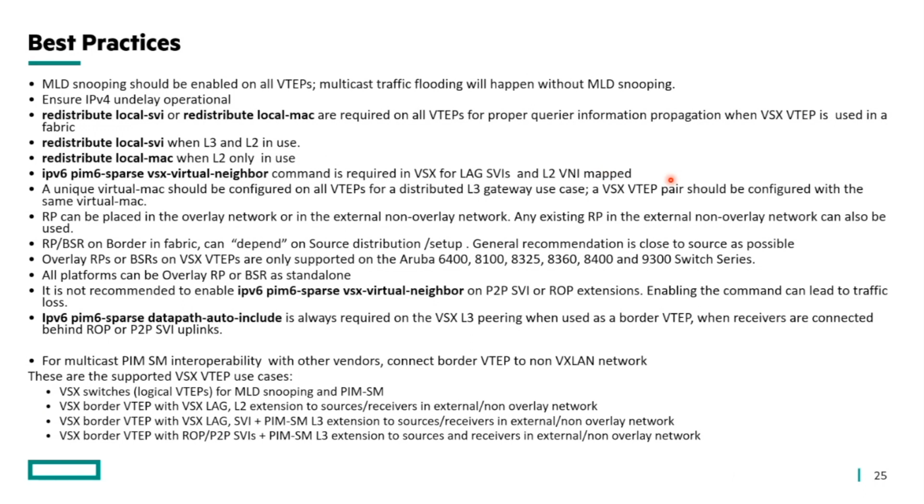This IP PIM-v6 sparse VSX virtual neighbor command is required when you've got VSX SVIs in lags. A unique virtual MAC should be on all VTEPs when you're using the layer 3 distributed gateway, which is really more of an overall requirement for VXLAN Anycast.